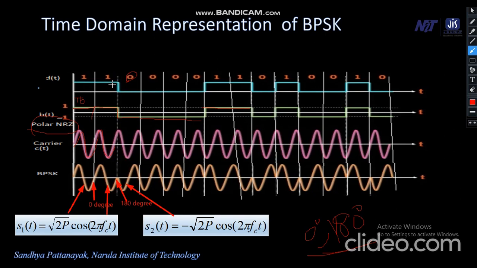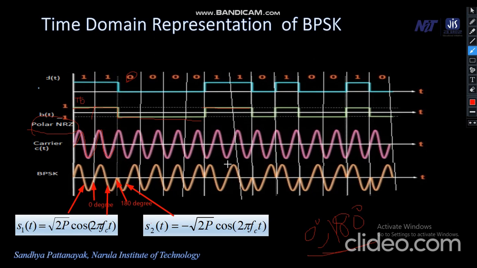Then when the consecutive bits are the same, the phase shift we observe is 0 degree. So here we observe that there are two phase shifts, one is your 0-degree phase shift, the other one is your 180-degree phase shift. So this is the time domain representation of BPSK.